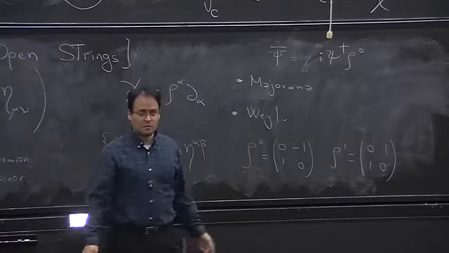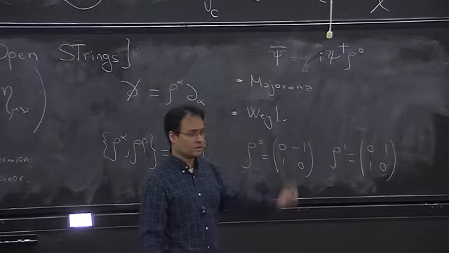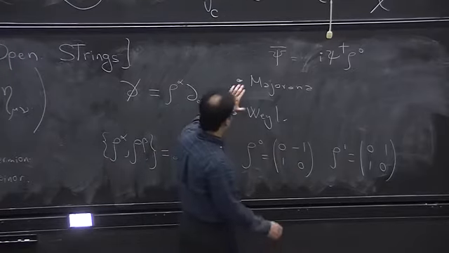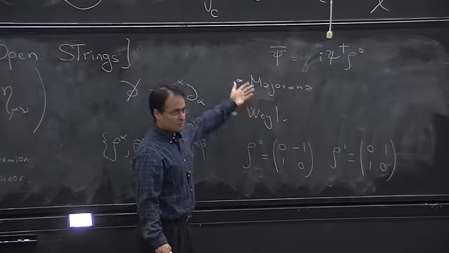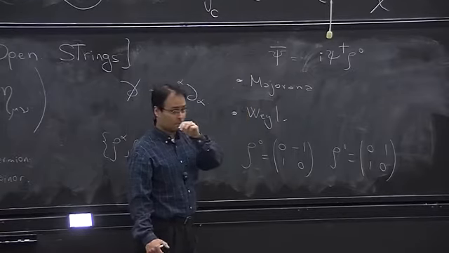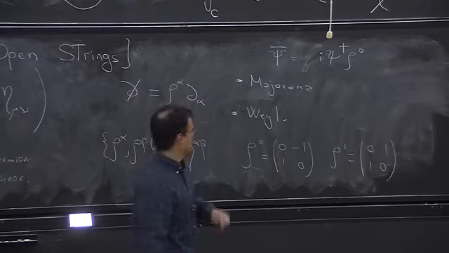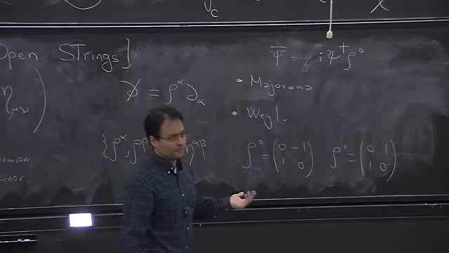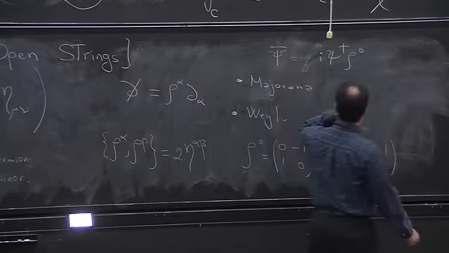And you can ask, well, can they be Majorana and Weyl at the same time, right? Those are two different conditions. So in 4 dimensions, can we impose both conditions at the same time? No? How about in 2 dimensions? In 2 dimensions we can, so that's great. So we're going to do it.